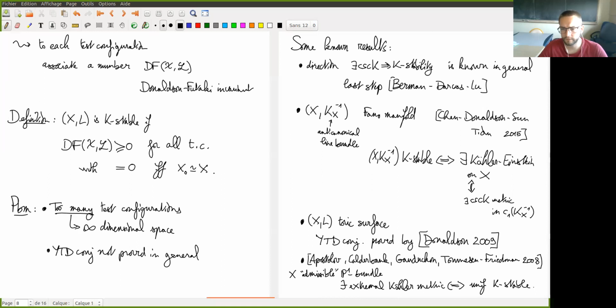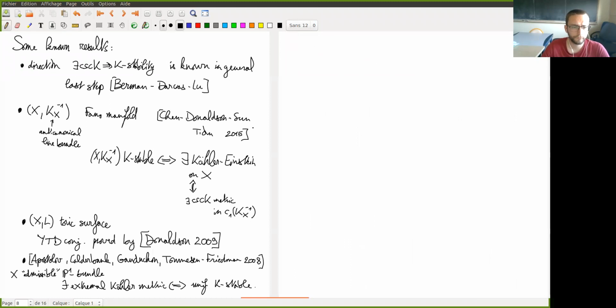And the YTD conjecture, as I stated, cannot be true in full generality. You have to consider something stronger in general. But of course, I'm not writing all possible partial results in the direction of the YTD conjecture here. I'm choosing these three for a particular reason, which is the following.